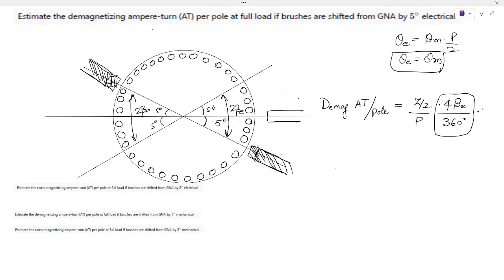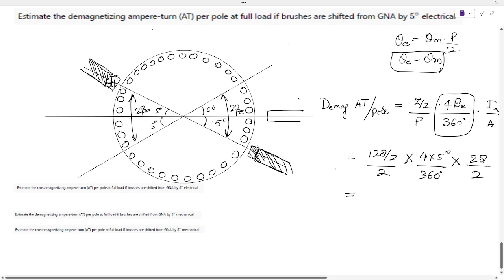And IA by A remains as it is. So calculate: Z by 2 is 128 by 2, number of poles is 2, into 4 into 5 degrees by 360 degree, into 28 by 2. What is the answer?